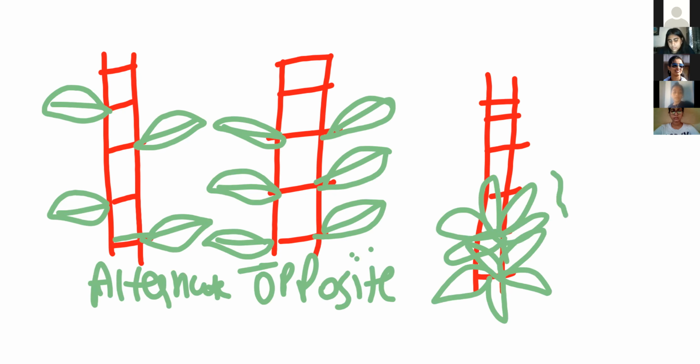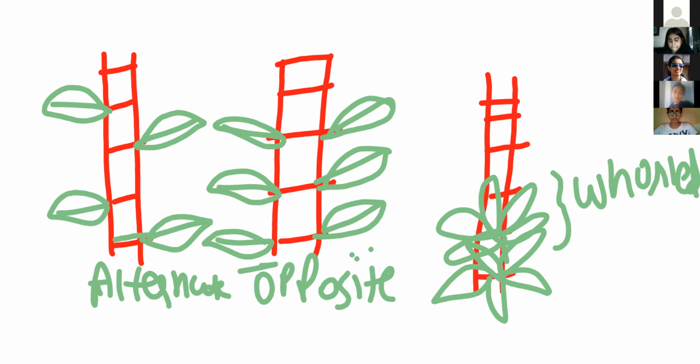That's why the name given is whorled phyllotaxy. Three types of phyllotaxy: alternate, opposite, and whorled. Simple, easy way to remember: at each node, if a single leaf arises in an alternate pattern, we call it alternate phyllotaxy. If two leaves arise, we call it opposite phyllotaxy. And if more than two leaves arise, we call it whorled phyllotaxy.